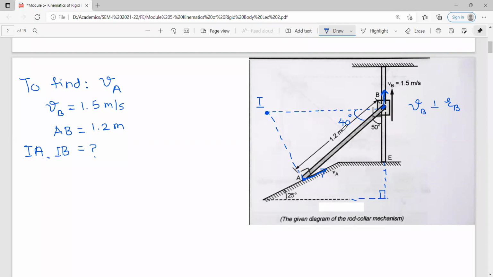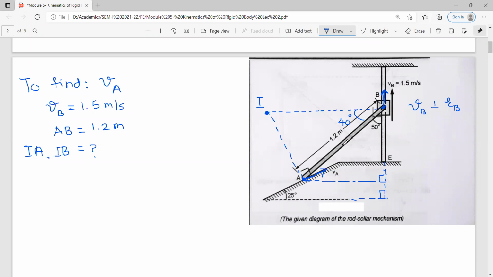Next angle. Say I draw a line which is parallel to this horizontal line, like this. Now the geometry is there: this angle is 90, this angle is 90, this is 50.